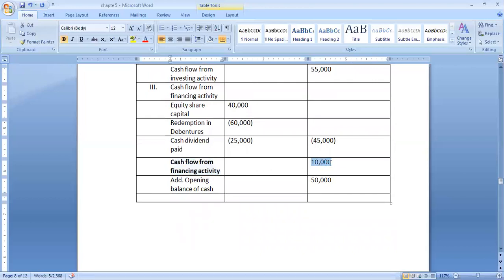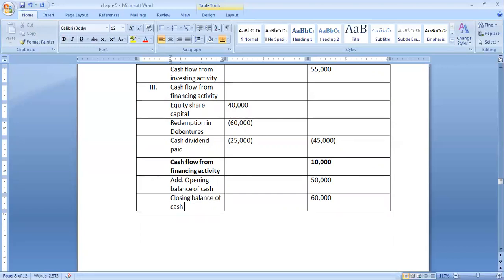Okay. Here you got 10,000 as the value. So whatever the value that will be added back, it is indicating this is the closing balance of cash. So very much important.